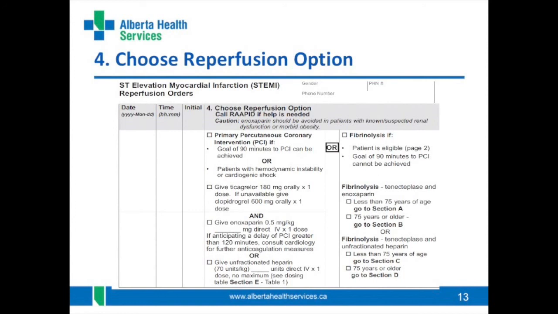Our preferred anticoagulant is enoxaparin at 0.5 milligrams per kilogram, direct IV times 1 dose. If anticipating more of a delay in terms of transfer, that's where you need to consult cardiology. If enoxaparin is not given as your anticoagulant of choice, then your other option is unfractionated heparin at 70 units per kilogram, direct IV, and we'll walk you through that in one of the appendices.